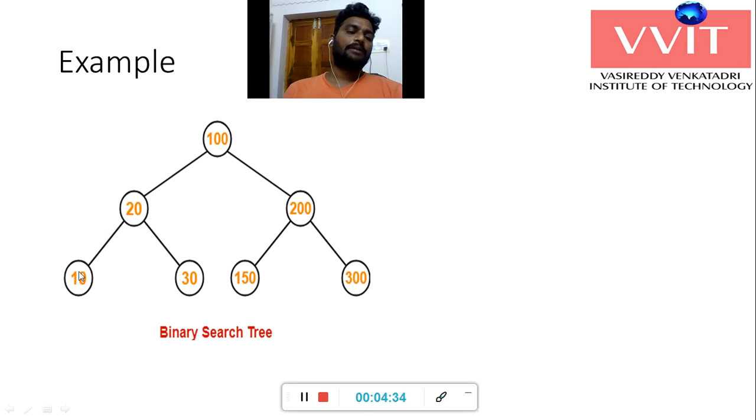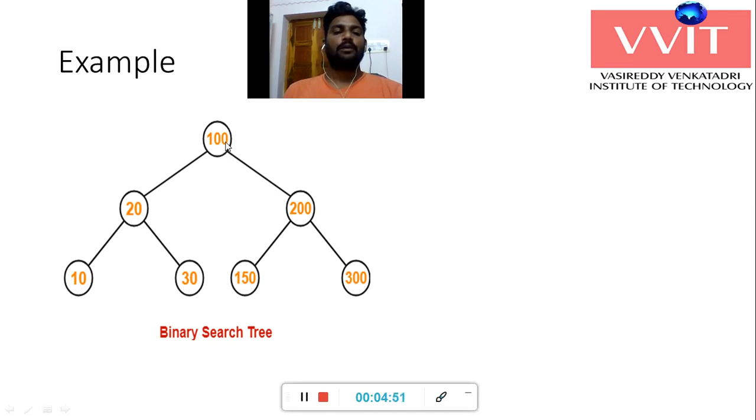In that subtree, 20 acts as the root node. Again, first visit the root node, so 20 is visited. Once the root is completed, move to the left subtree, which has only one node, 10, which is visited. Root and left are completed, so move to the right subtree, where 30 is visited. That means first 100, then 20, next 10, next 30.